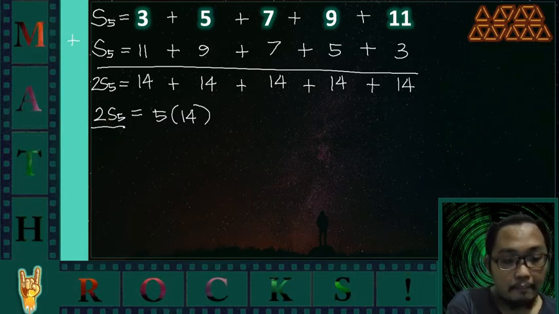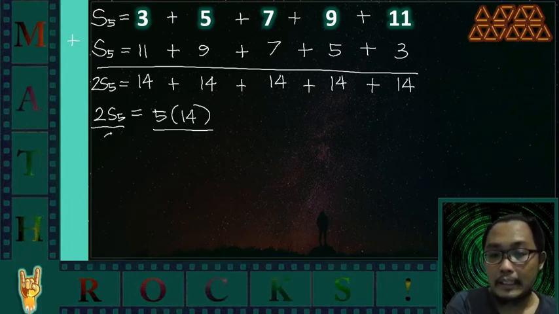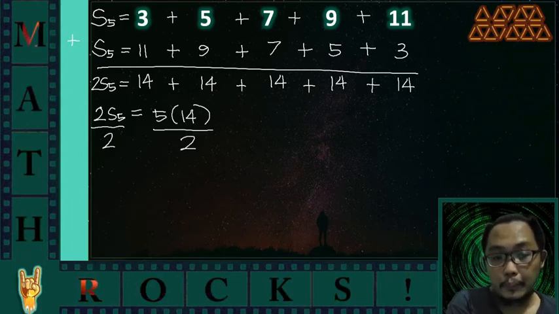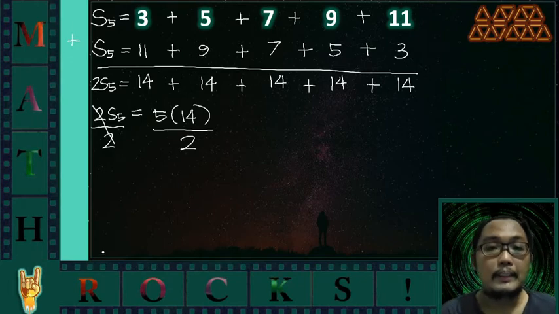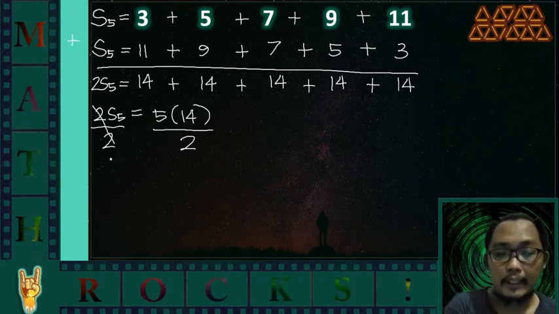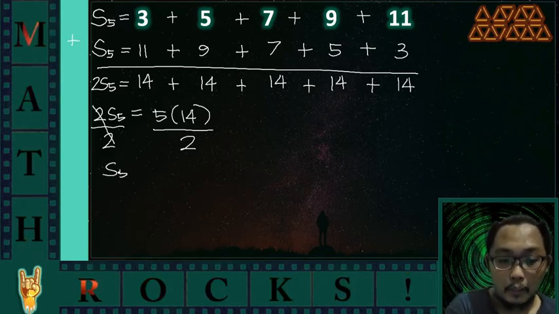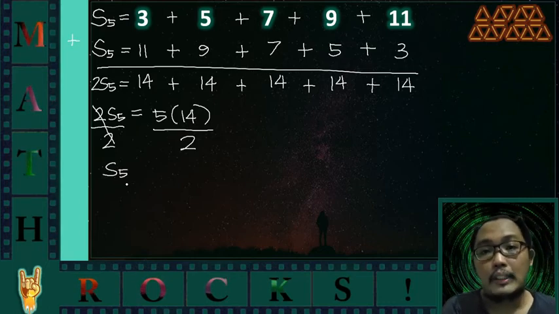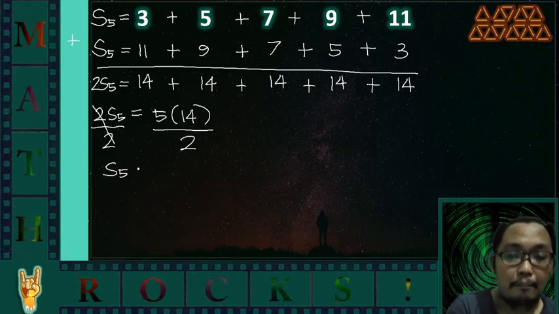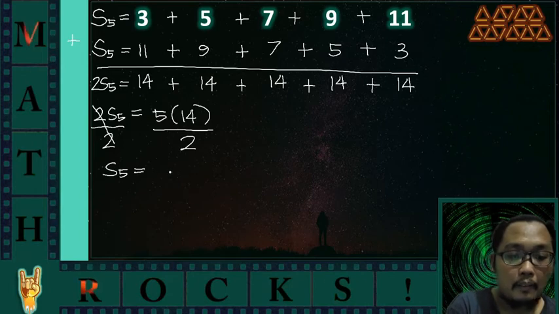Doing so, we have to divide both sides of this equal sign by 2. It eliminates the 2 on the left-hand side, isolating only the sum of the first 5 terms, which is our primary goal for this.